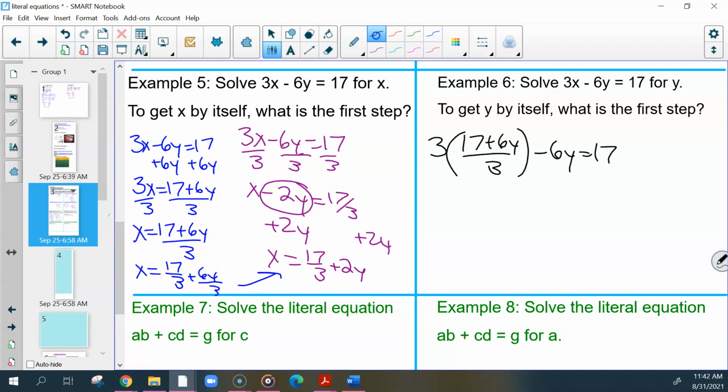So you basically have to go back and rework that. This would just leave 17 plus 6y. And then these would cancel, leaving 17 equals 17, which I know could be a true statement because it is the same number.